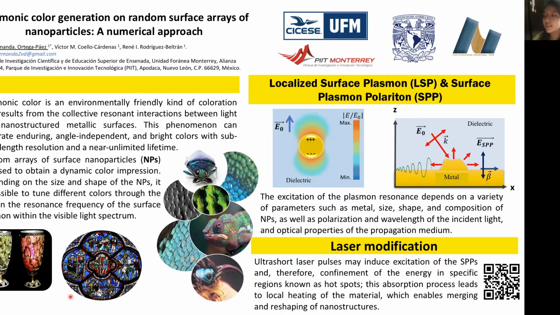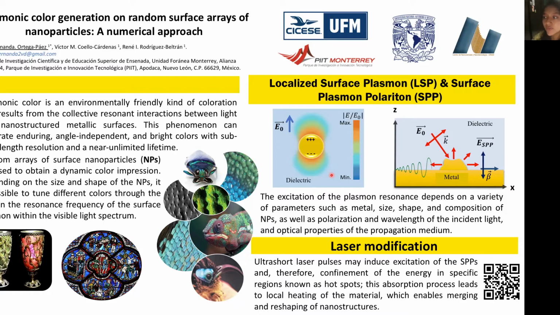This color is named plasmonic color due to the physical phenomenon that causes it, known as localized surface plasmon, LSP. I show this diagram about the behavior of LSP. This phenomenon describes the resonant coupling of light and free electrons in metal nanostructures.